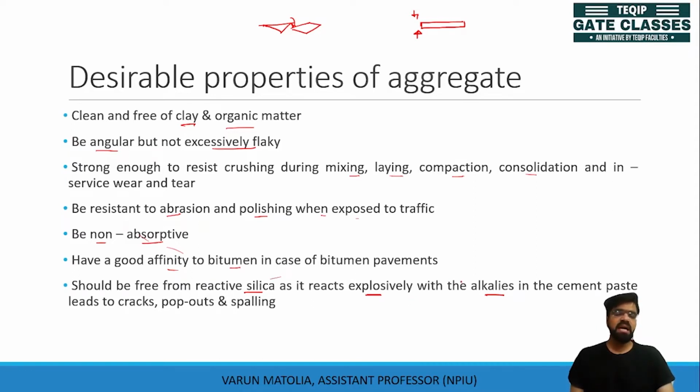If silica and alkali react and an explosive reaction occurs, it will lead to disintegration of your formation, either pavement in bitumen or pavement in cement concrete. So these are the desirable properties desired from your aggregates.